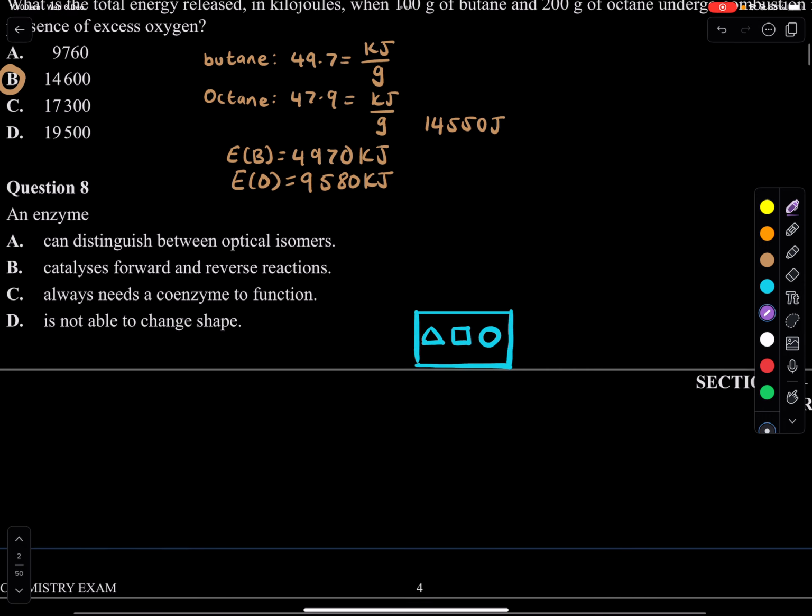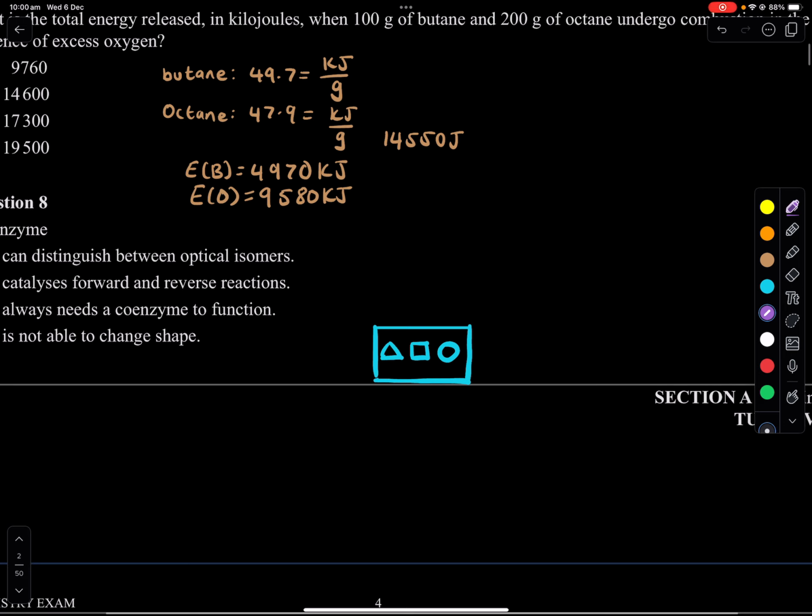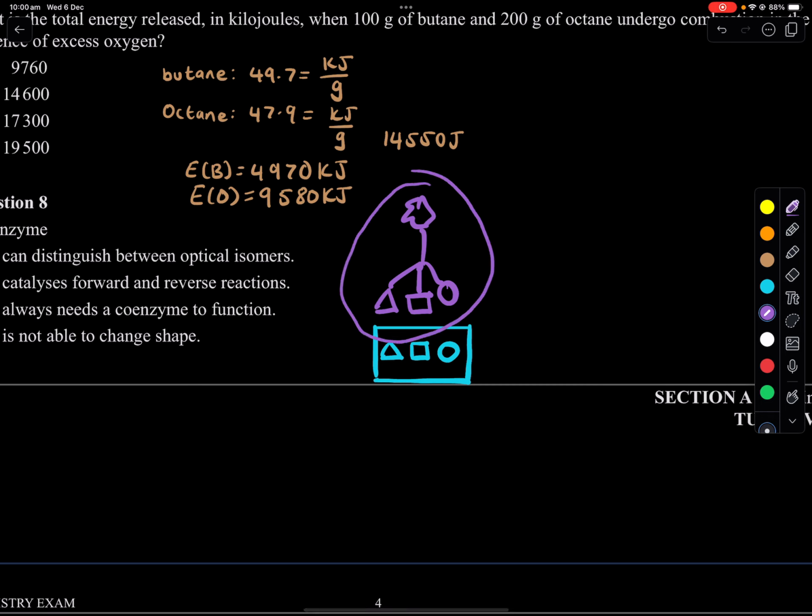For example, let's just draw a chiral compound. So we have this, and let's say it's like a star here. Now this original isomer can actually fit into the enzyme, so it will react with the enzyme. That's great, because when you put it down, these nicely fit into the perfect spots here.